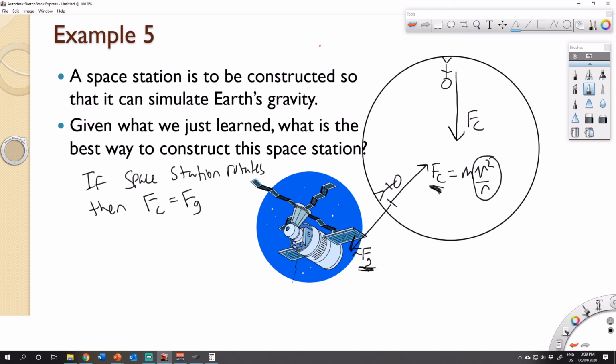Okay, and this is really important because our bodies are designed to operate within the gravitational effects we feel on the planet's surface. If we don't, a lot of our body systems will weaken, like our muscles, our bones, and things like that, which is a very real problem for astronauts on long-term space missions.